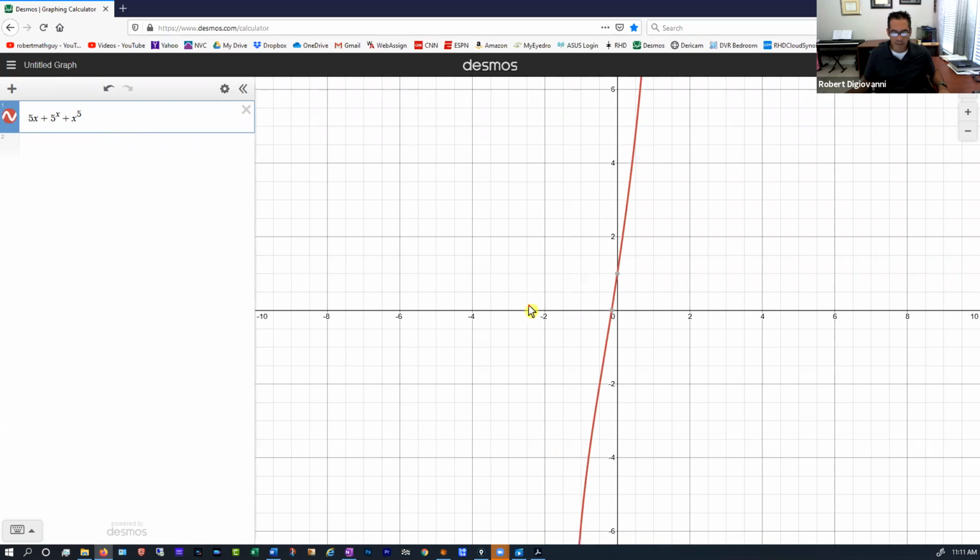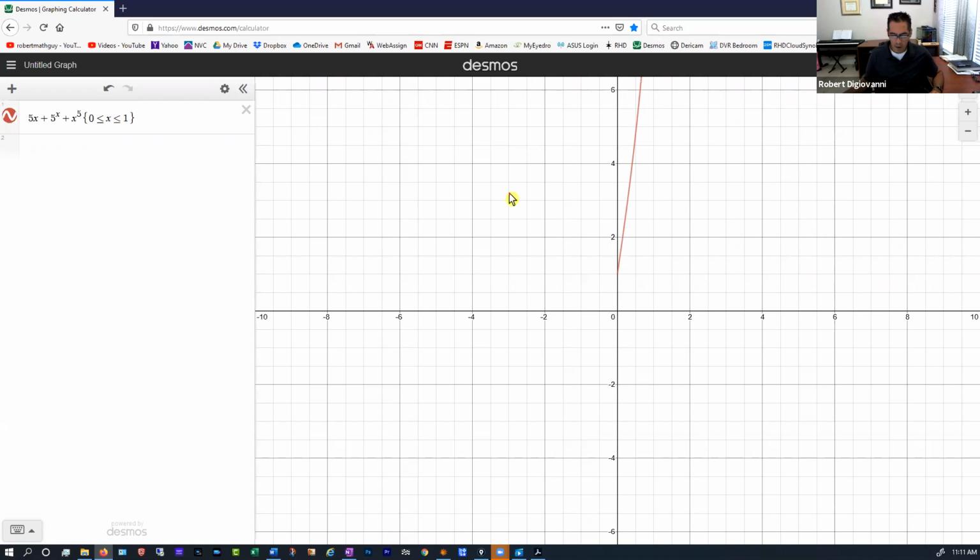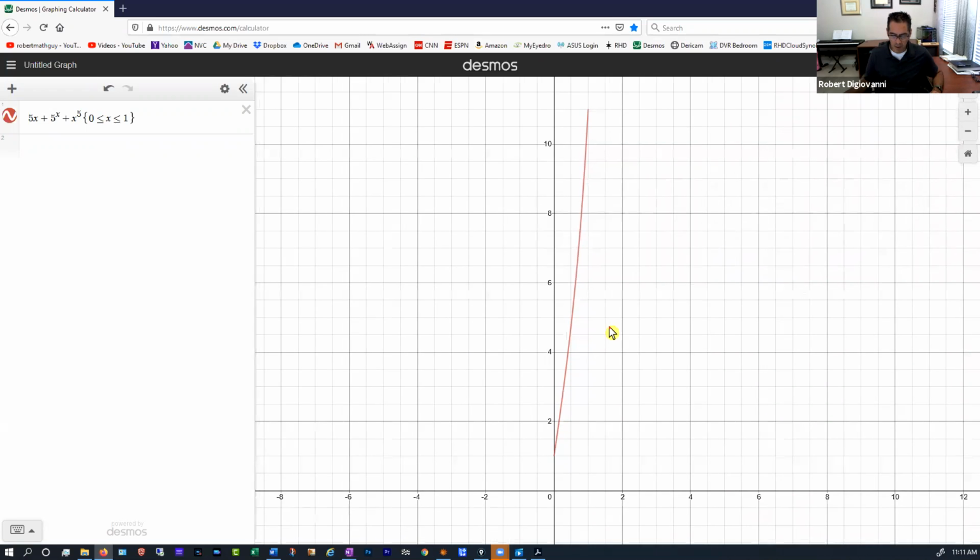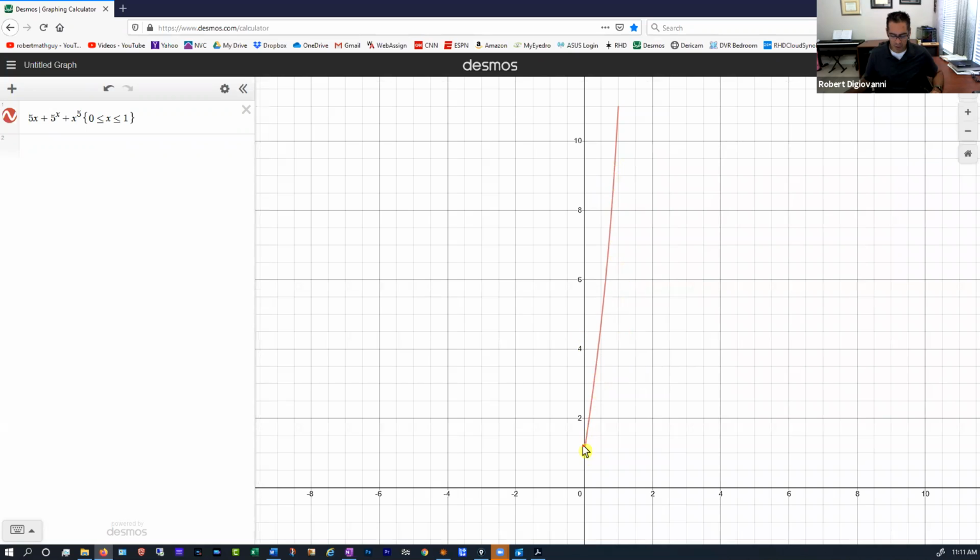So there's our graph, and we're just looking between 0 and 1. So if I put here 0 less than or equal to x less than or equal to 1, there we go. So there's the graph of that function just between 0 and 1.